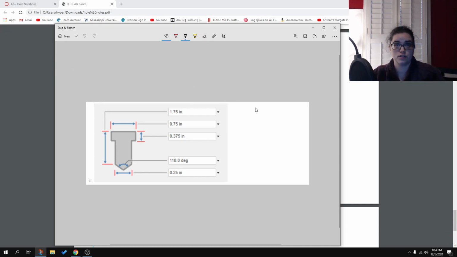Okay, the first row is always diameter. That's where you start. My diameter is across, and in all of these so far, that's been this one right here, from this wall to this wall. There we go, 0.25.